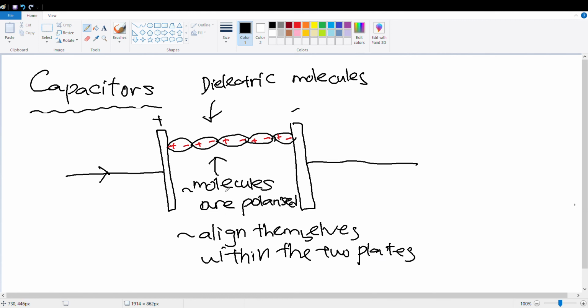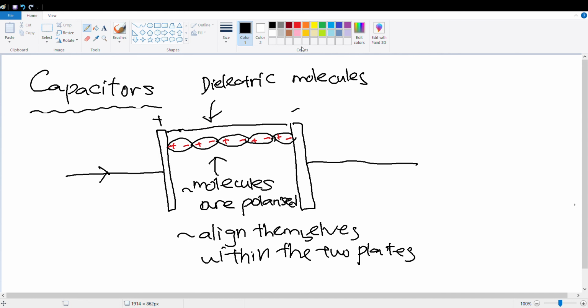So after aligning themselves along the two plates, and after being polarized, this polarized molecule will produce an electric field which opposes the direction of the normal electric field.